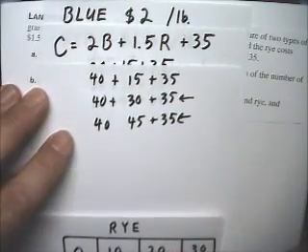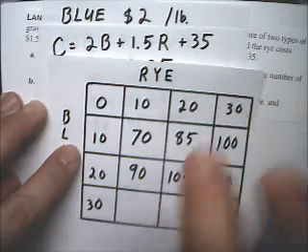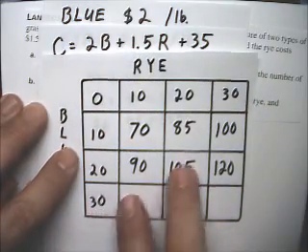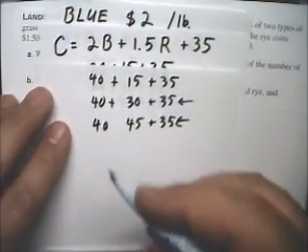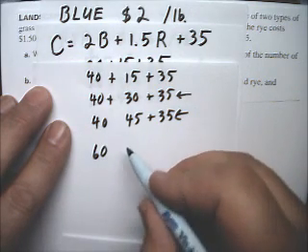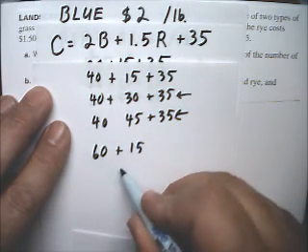Okay, so continuing this pattern, if the bluegrass is 30, then this is going to be 60 plus 15.